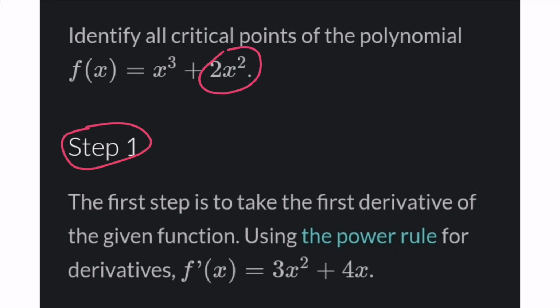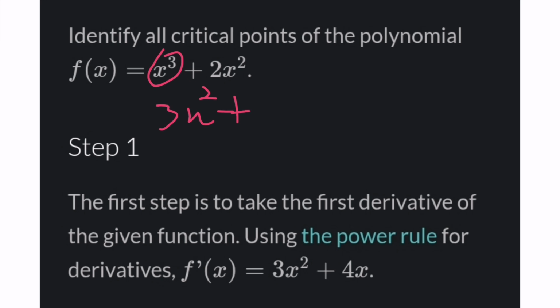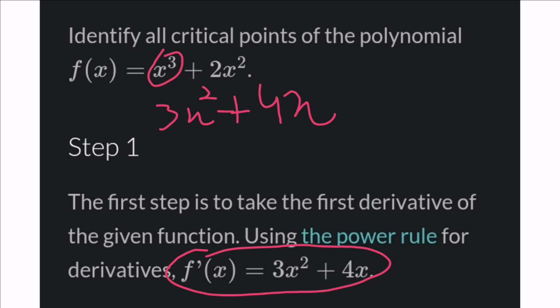Step 1: take the first derivative of the given function using the power rule. The derivative of x cube is 3x square and the derivative of the second term using the power rule is 4x. So f dash of x is equal to 3x square plus 4x.